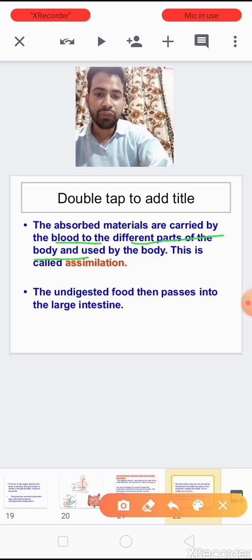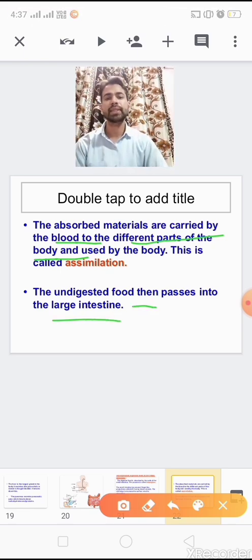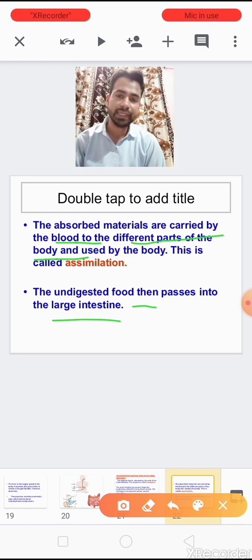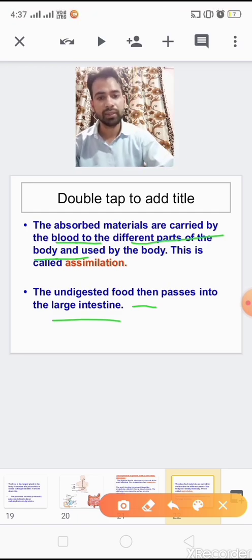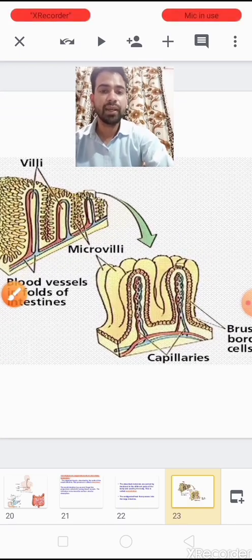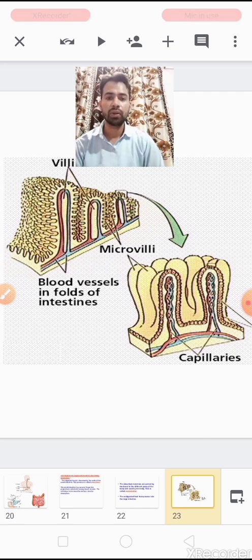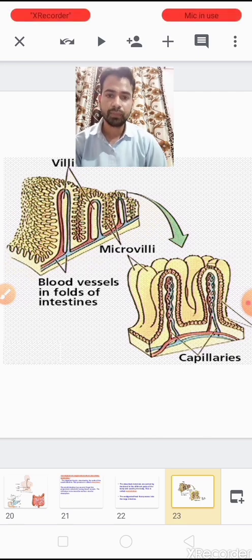The undigested food then passes to the large intestine after assimilation. Okay, children, you can see the picture of villi here, which increase the surface area of absorption.